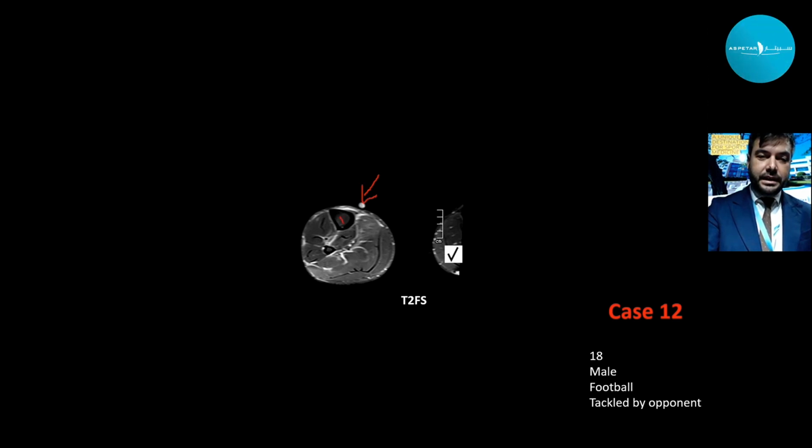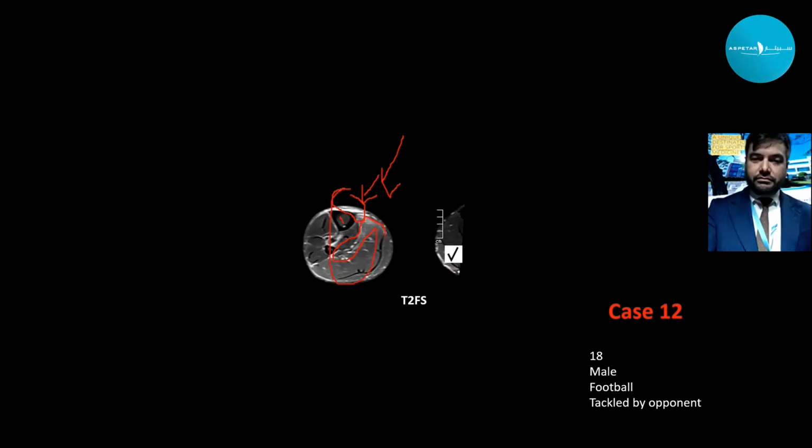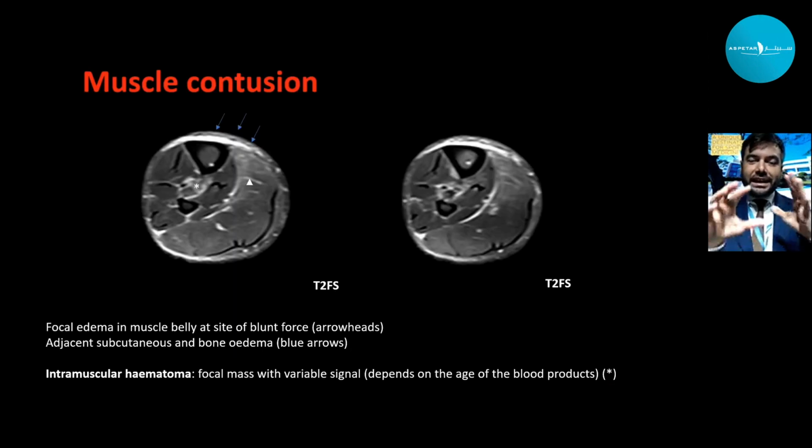tibia here, and we see there is some muscle edema, all of this area, also some adjacent soft tissue edema. So normally when there is a kick, there will be edema in all of this area. The edema is not limited to one muscle. It's an area that can involve muscle and also soft tissues.